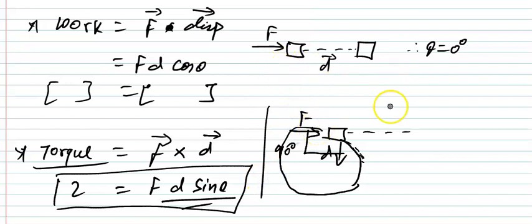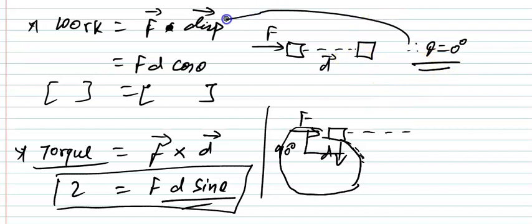So if the direction is the same, or the angle is equal to 0 degrees, it is work done, and if the angle is 90 degrees or other angles, it would be torque, right? But their dimensional formulas are the same, because we have already studied that trigonometric functions do not have any dimension. These are dimensionless constants. That is why we have ignored sine theta and cos theta. So we are not going to add this one. Getting it?